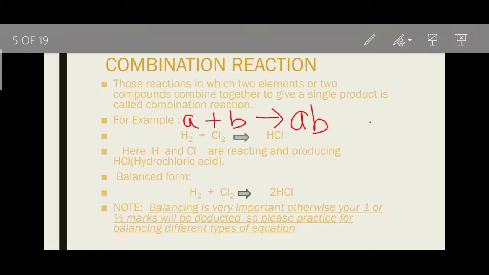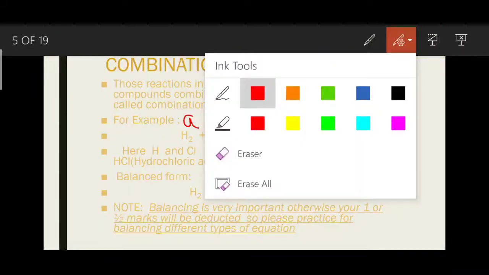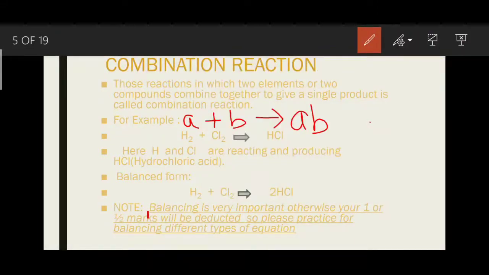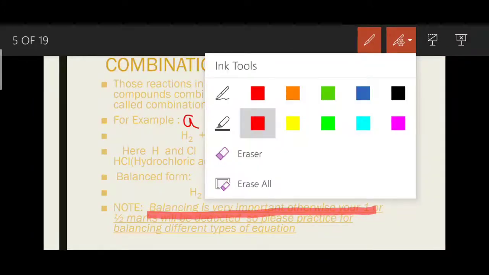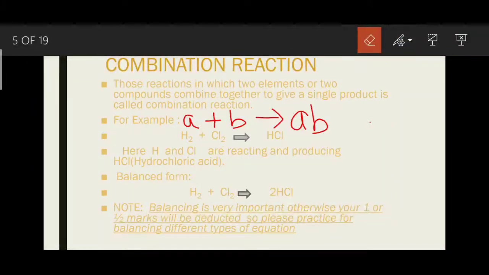Please note, very important, that balancing is really very important, otherwise it will cut half or 1 mark in the exam. So please balance this.